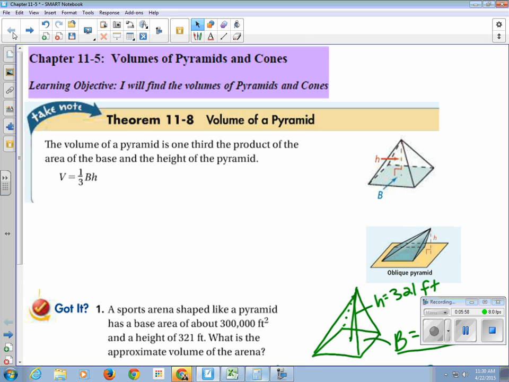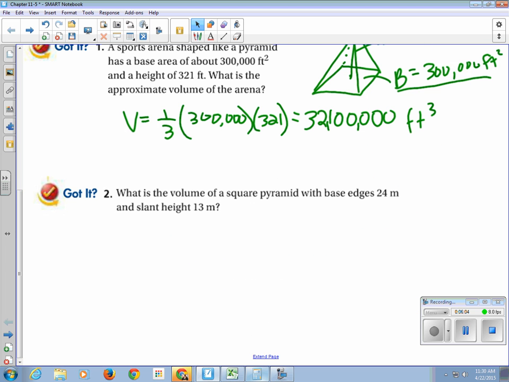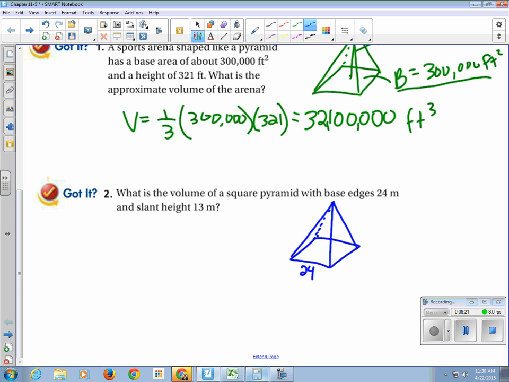Okay, we're going to go back to problem 2. The volume of a square pyramid with base edges, so I always draw the picture, with base edges 24 meters and slant height 13 meters. What is the volume? So we have a little dilemma because we don't know the altitude of our triangle.